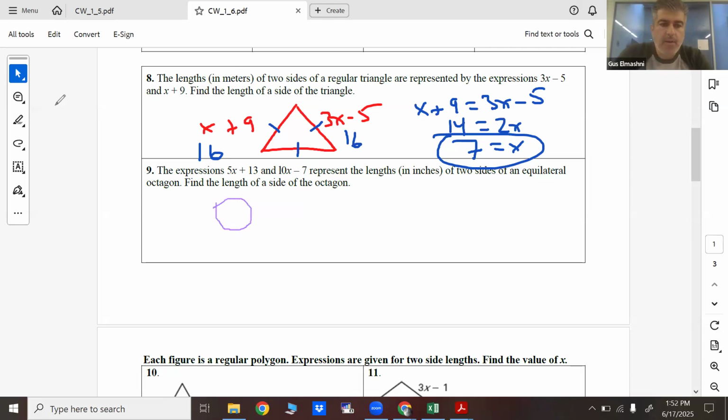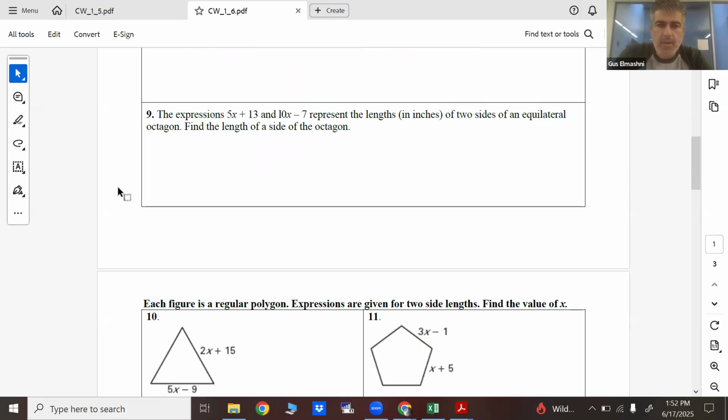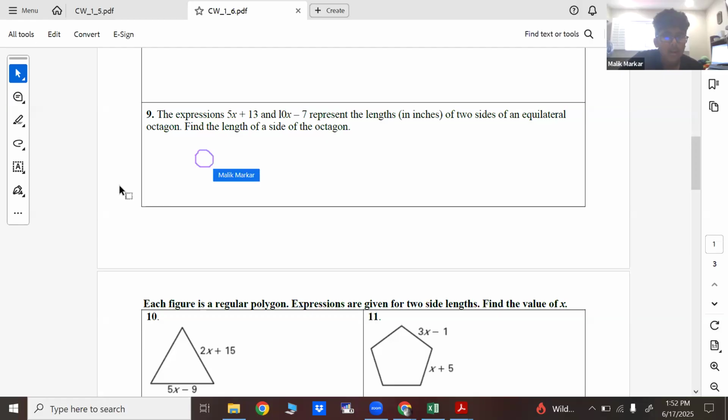Right. So now let's try, go and try number 9. Okay. I'll make that bigger. Can't draw straight lines.